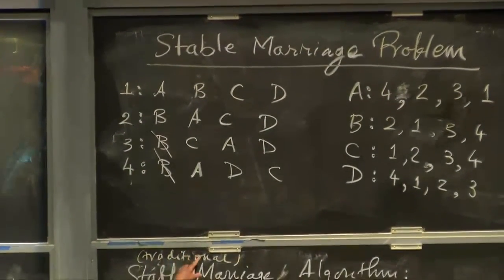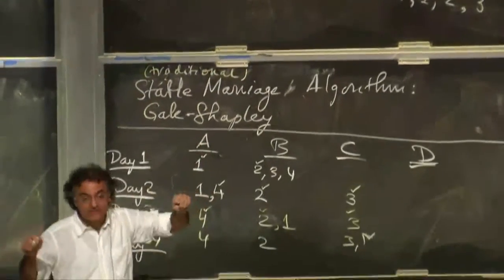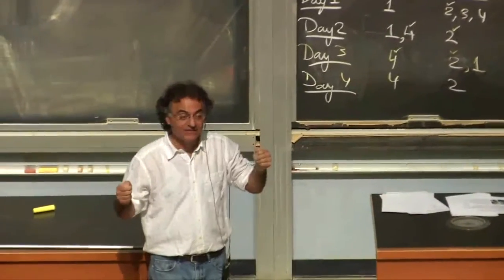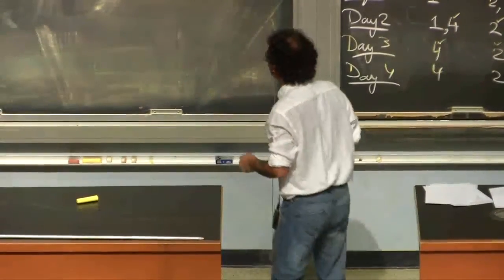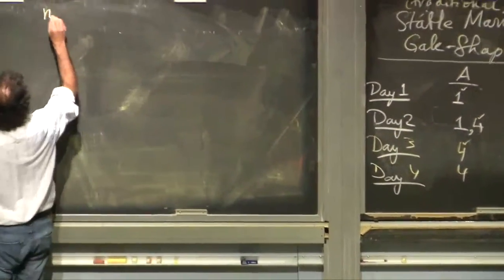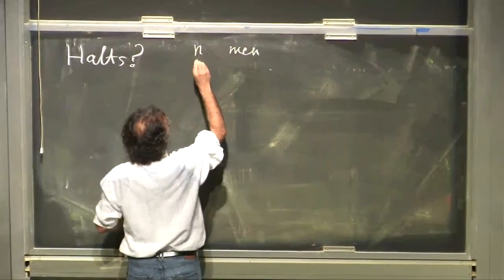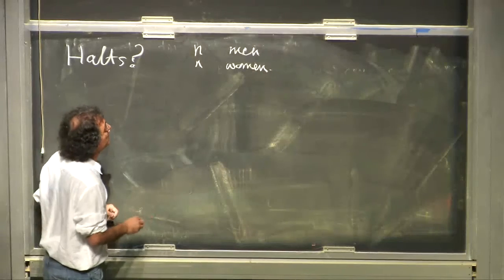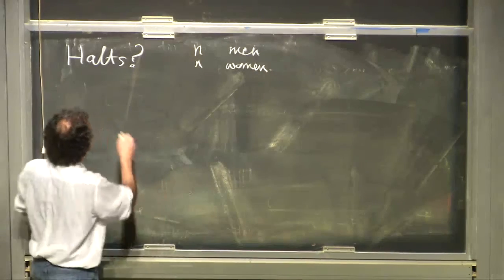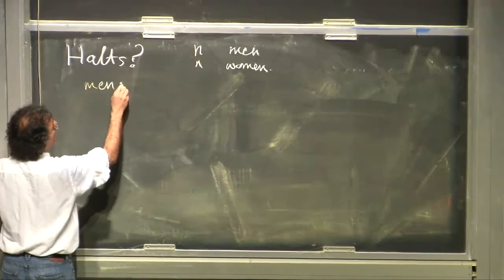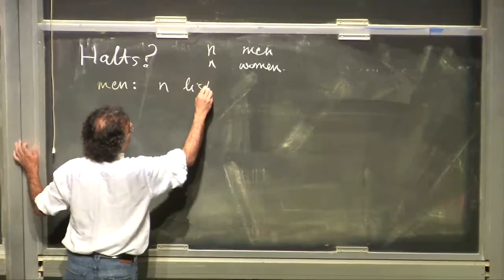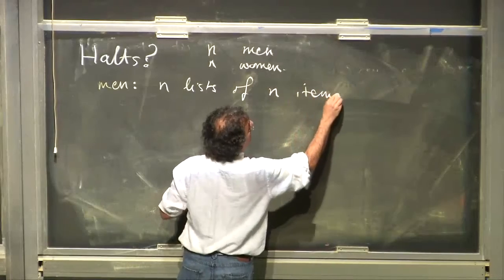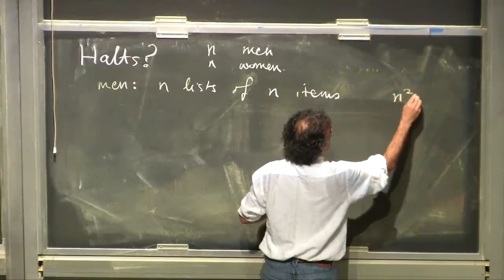Okay? How long are these lists? Well, each list has n elements in it, if there are n men and n women. Then among the men's lists, the men have n lists of n items, which is n squared entries.